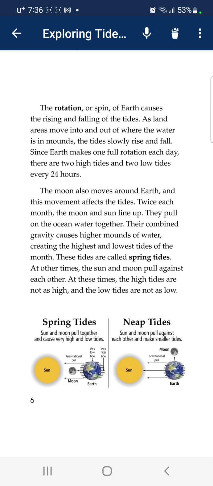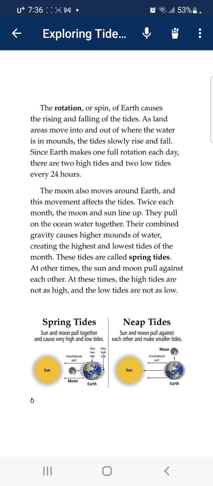The moon also moves around the Earth, and this movement affects the tides. Twice each month, the moon and sun line up. They pull on the ocean water together.